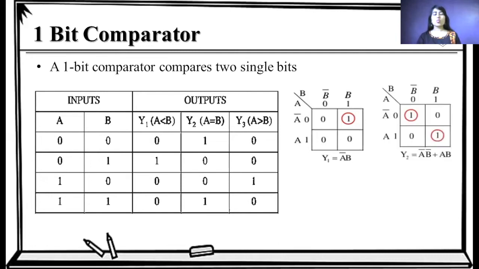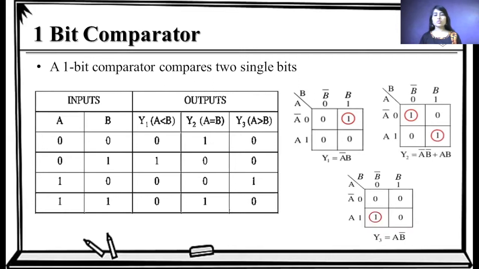Then next, y2. Here y2 has two possible outputs: for A and B equal to 0 and for A and B equal to 1. Here we have the equation for y2: A bar B bar plus AB. Then let's calculate y3.